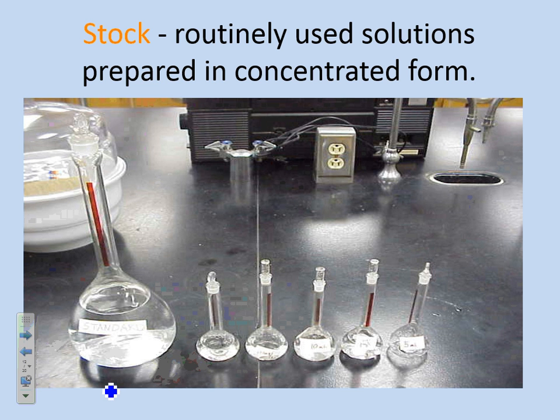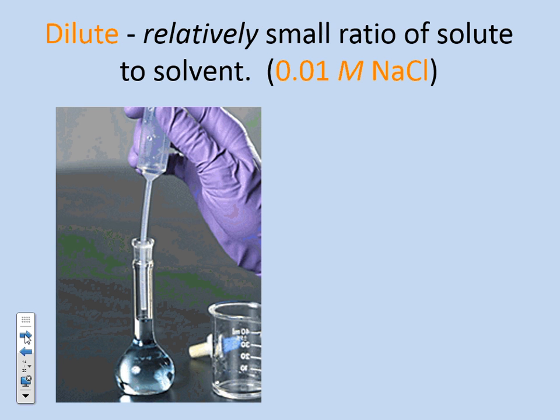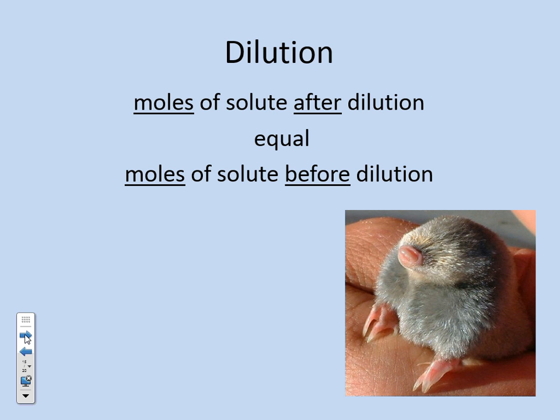So sometimes we take those stock solutions and we use them to dilute to make other solutions. So I buy concentrated acid. Hydrochloric is usually 12 molar that I purchase, and you use that to dilute. So for dilution, moles of solute after the dilution is equal to the moles of solute before the dilution.